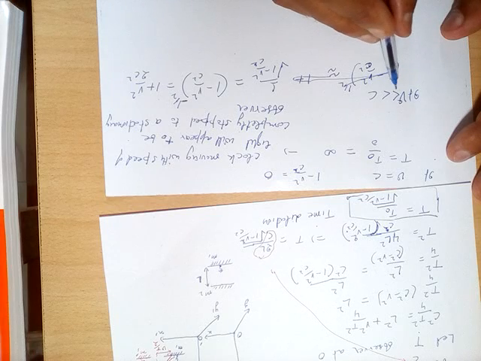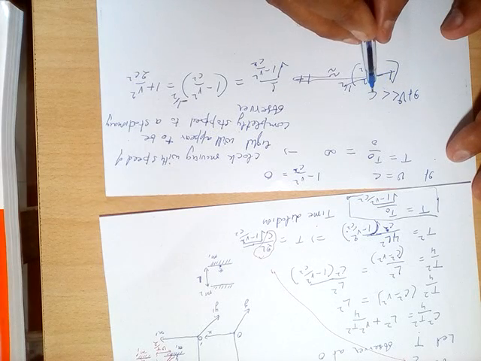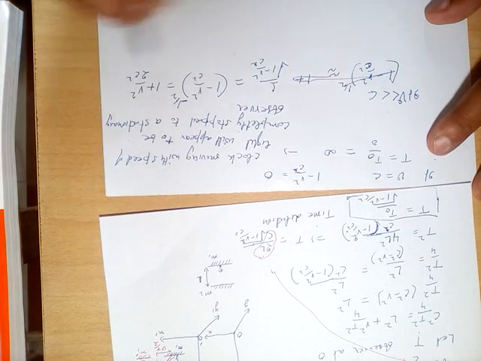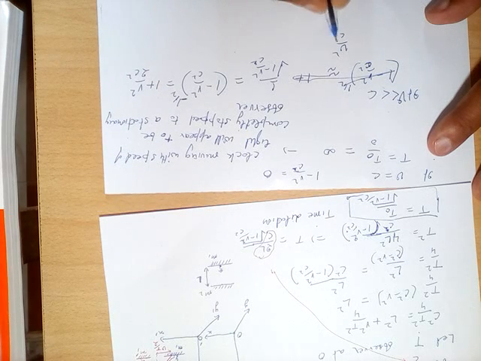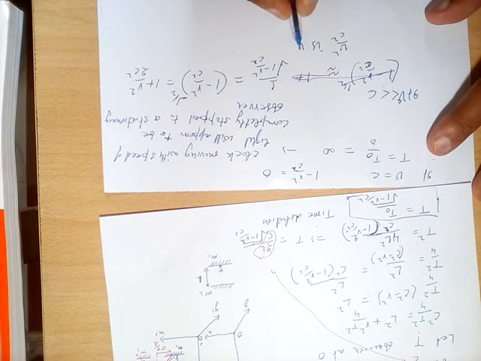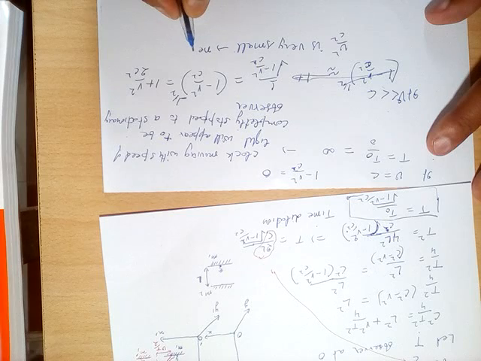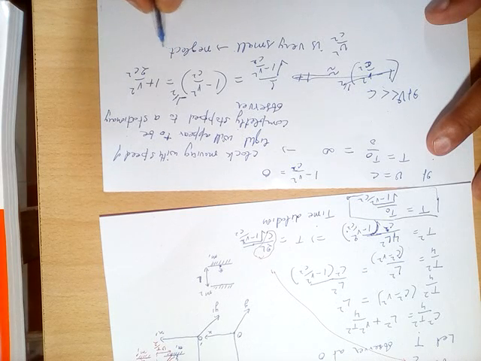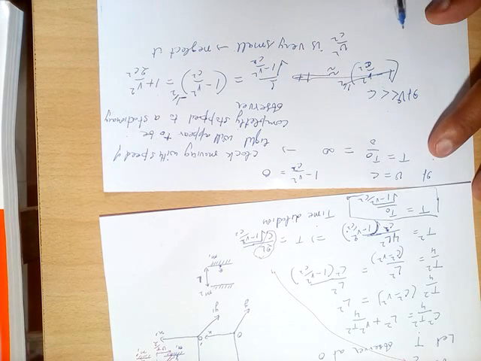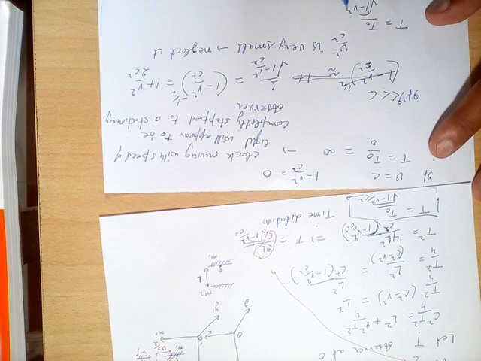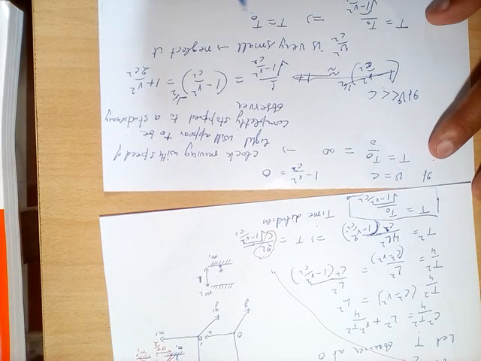So when v is very small as compared to c, the term v square by c square is very small, and we can neglect it. So in that case, in the expression T is equal to T naught by root of 1 minus v square by c square, we can write T is equal to T naught.